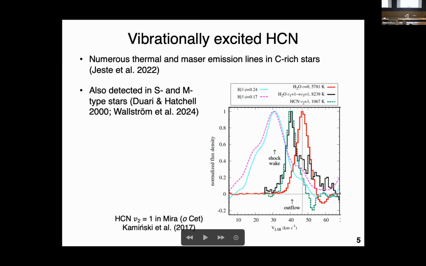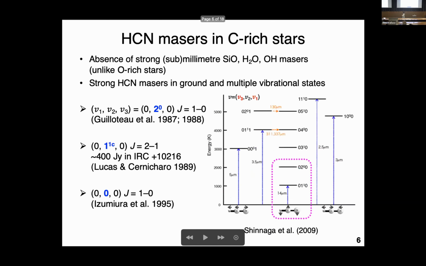All these vibrational states have also been detected in AGB stars of other chemical types, like in S-type stars, as recently reported by the ATOMIUM Consortium, where we have detected vibrationally excited HCN lines up to v2 equals 3 in some S-type stars, and it has also been detected in individual oxygen-rich objects, as shown in the example spectrum here.